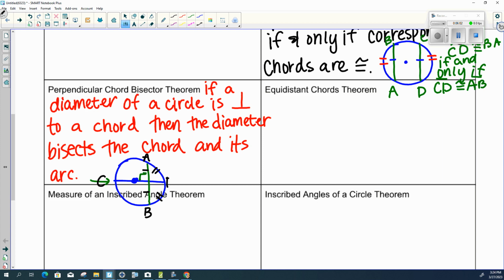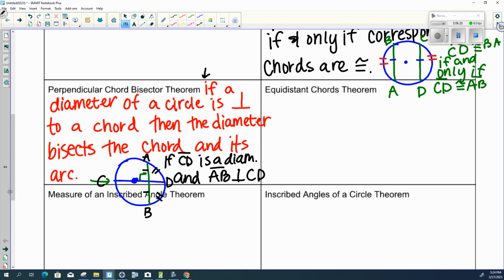C, D. If CD is a diameter and AB is perpendicular to CD, so that's this if. That's what's starting right here.